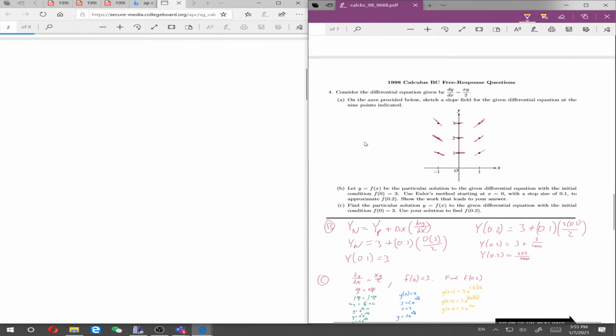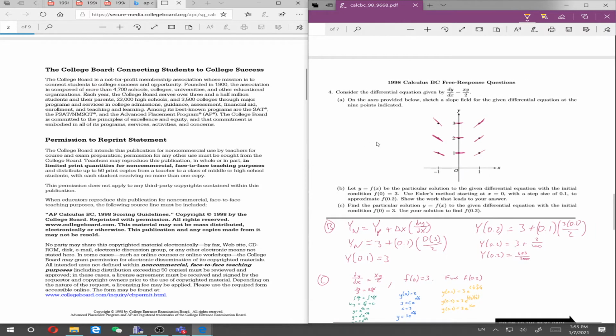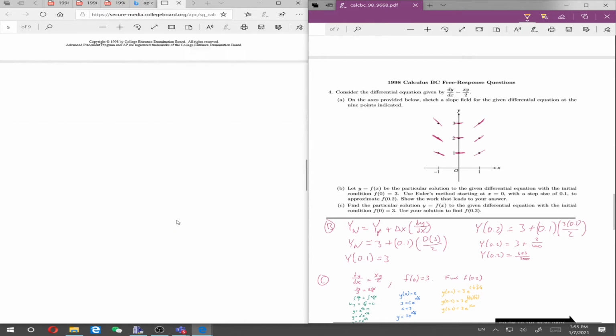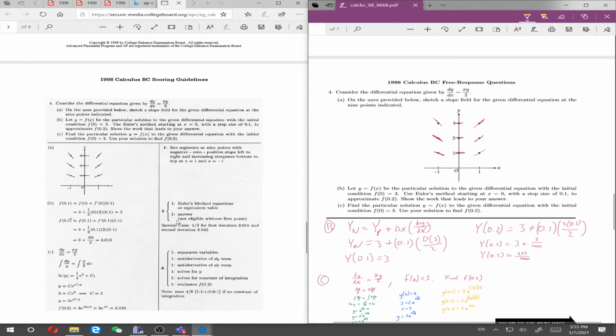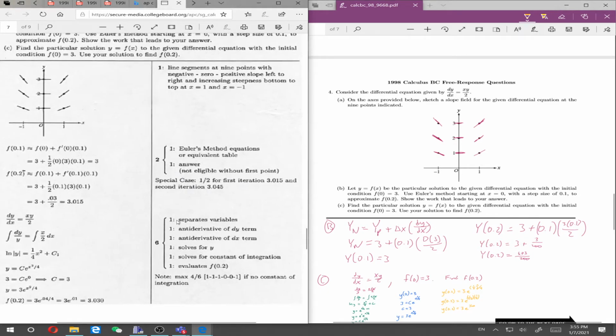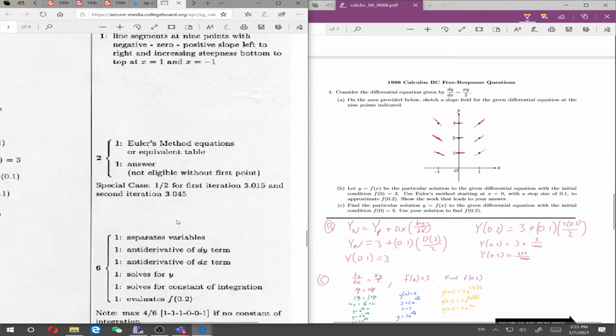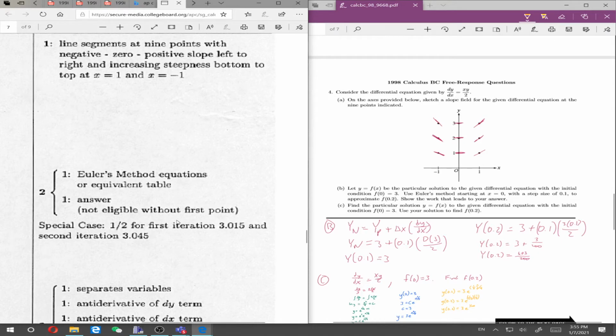So there was 1 point for number 4 for having the line segments at all 9 points with negative, 0, or positive slope from left to right, and increasing steepness from bottom to top. Okay, so we do have increasing steepness from bottom to top and a negative, 0, positive slope for each line. So we get 1 point for that.